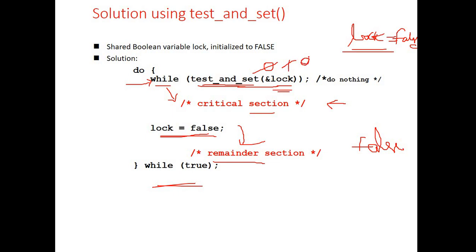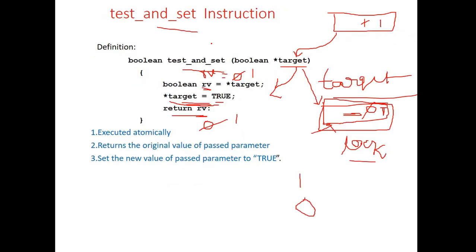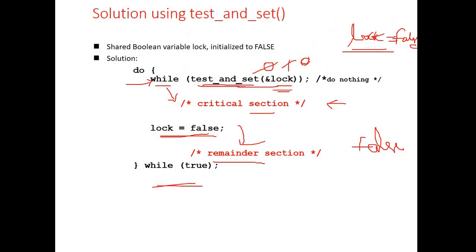When 0 is passed to this test and set function, the function returns 0, but the lock variable value is changed to 1. So the while loop will be terminated for this process, the lock variable becomes true, and the process enters its critical section and completes its execution.